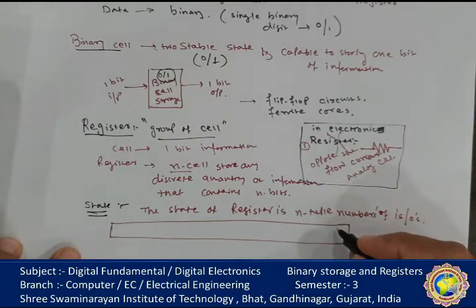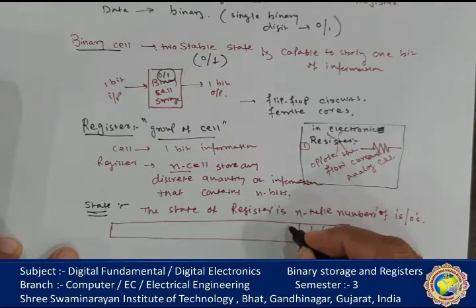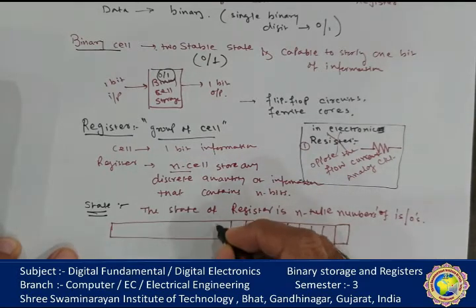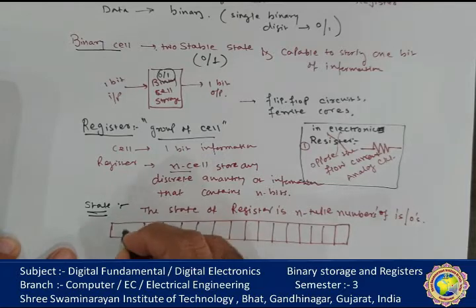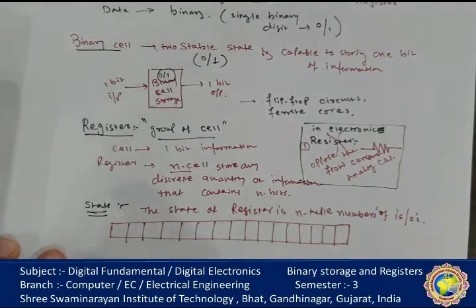Suppose there are 16 bits: 1, 2, 3, 4, 5, 6, 7, 8, 9, 10, 11, 12, 13, 14, 15 and 16. That is the 16-bit storage capacity.